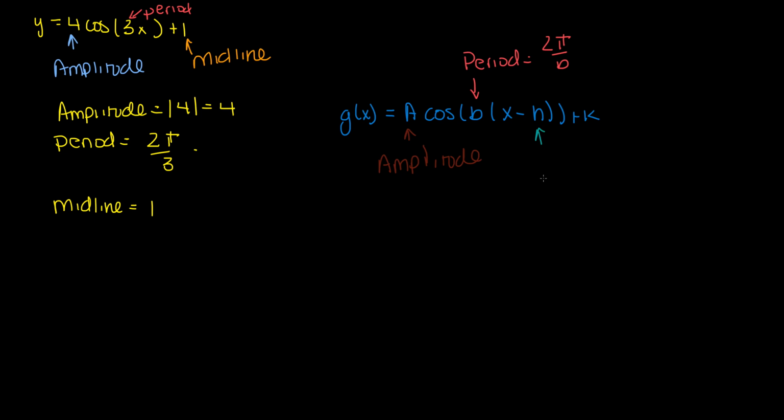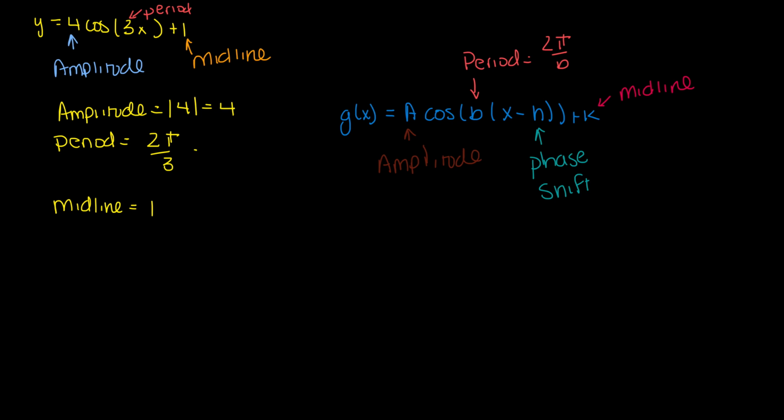This right here is your phase shift, the h. And this k is going to be your midline. All right, so that is the general form for our function.